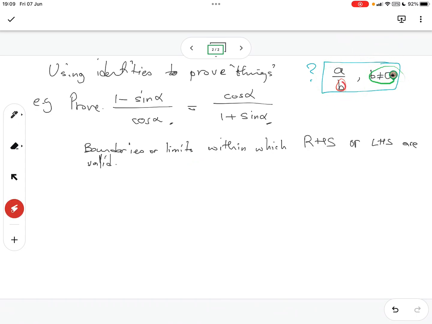We know that when we're working with fractions, we should not have the denominator equal 0. Why is that?